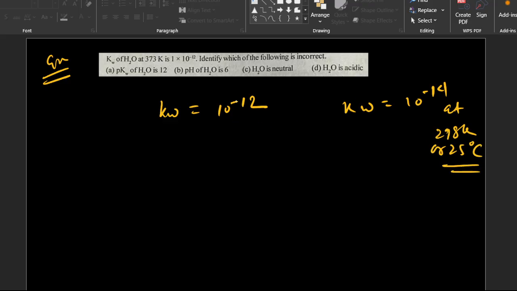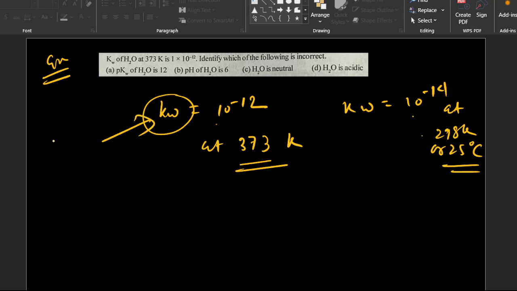So if you increase the temperature, like if this is 298 Kelvin, and this is at 373 Kelvin, then this value also increases, because 10 raised to minus 12 is more than 10 raised to minus 14. Negative power is there, right? So if you increase the temperature, then this Kw also increases, because Kw is an equilibrium constant and dissociation of water is an endothermic process.